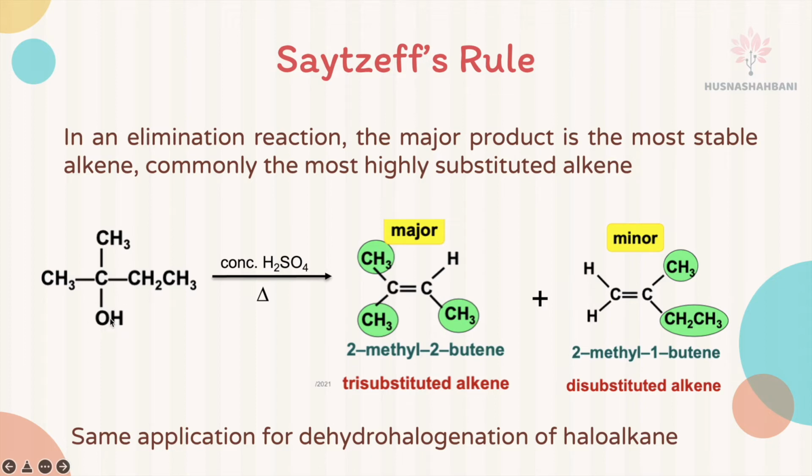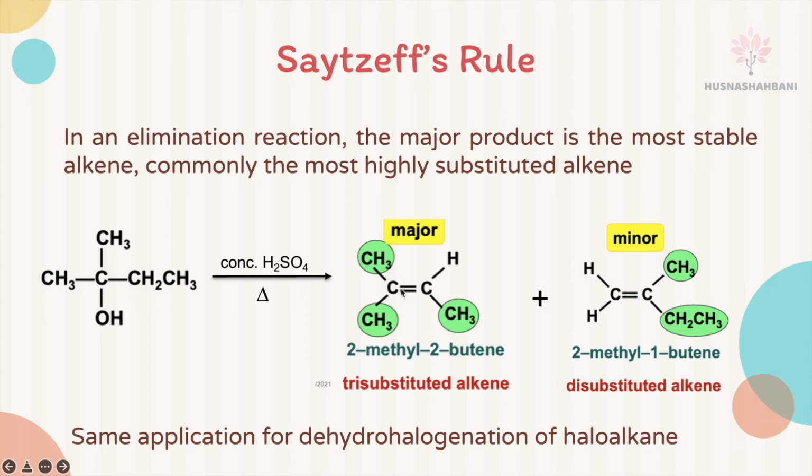So this OH group is removed from this carbon, and one hydrogen can be removed from this carbon or this carbon. And then the major product is formed when the OH group is removed from this carbon and the hydrogen is removed from this carbon here.